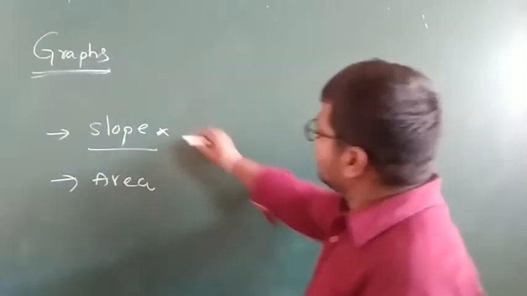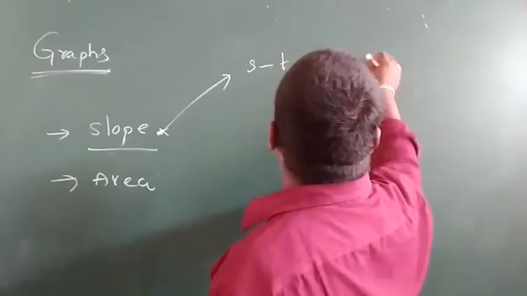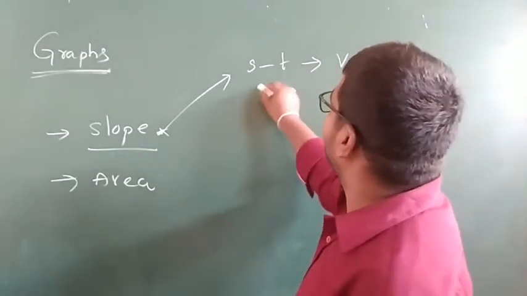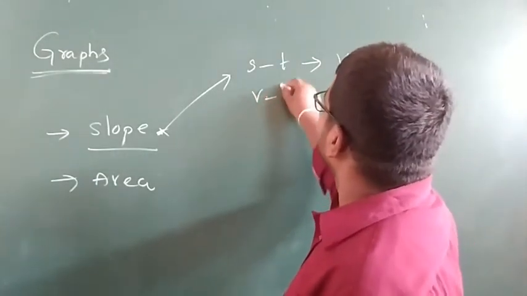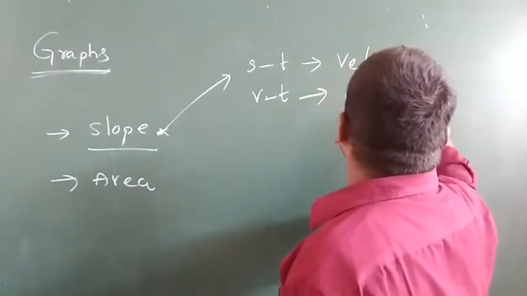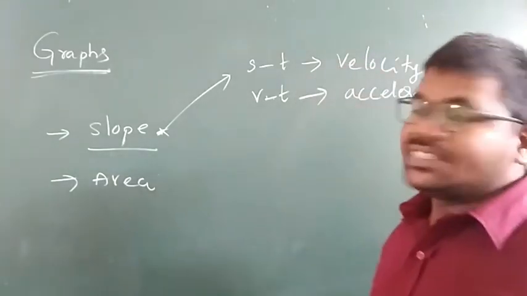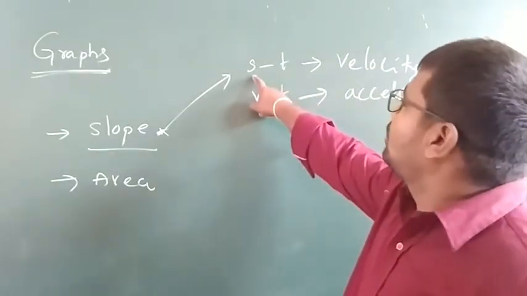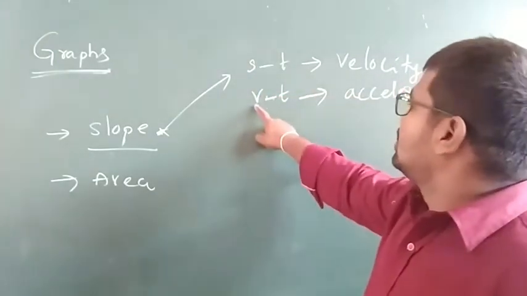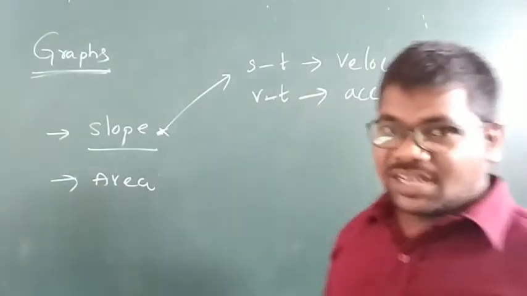The slope of the displacement time graph gives velocity, and the slope of the velocity time graph will give acceleration. The slope of the displacement time graph will give velocity. The slope of the velocity time graph will give acceleration by itself.